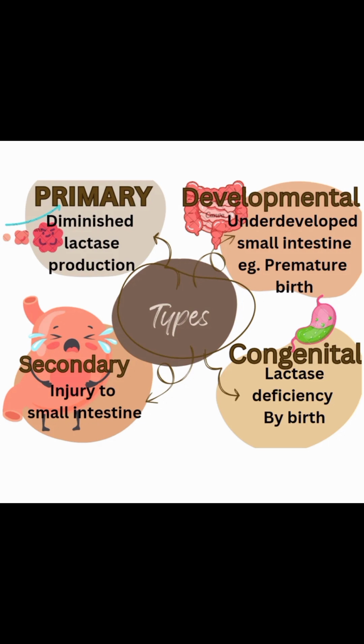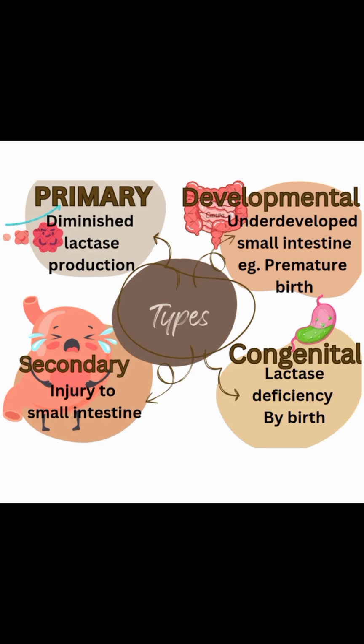In case of primary, there is a generalized decrease in lactase because during childhood, there is lots of milk consumption by the child. There was lots of lactase also. But with time, as the child decreased the consumption of milk, the need for lactase also decreased.